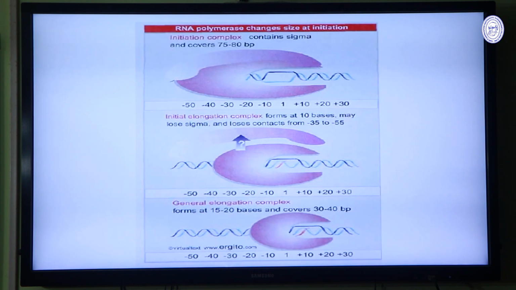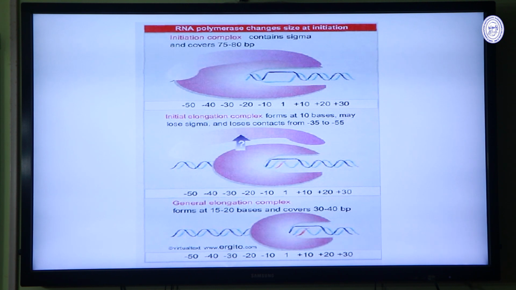Now, in this diagram we can see the locations of the sequences that are covered by the initiation complex, initial elongation complex and general elongation complex. So, 1 is the start point, plus 10, plus 20, plus 30 are the downstream sequences, and minus 10, minus 20, minus 30, minus 40, minus 50 are the upstream sequences.